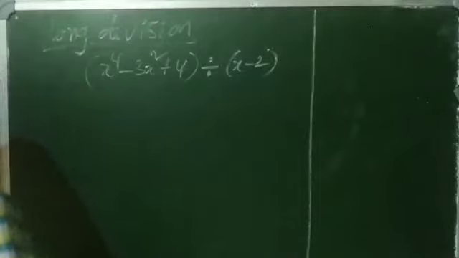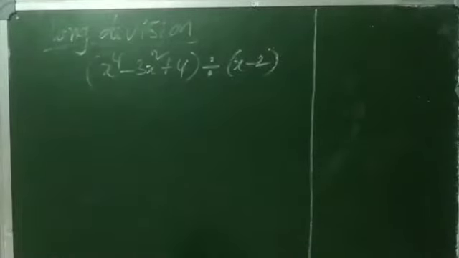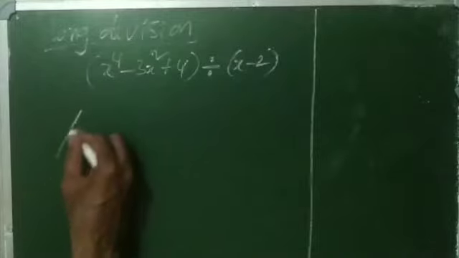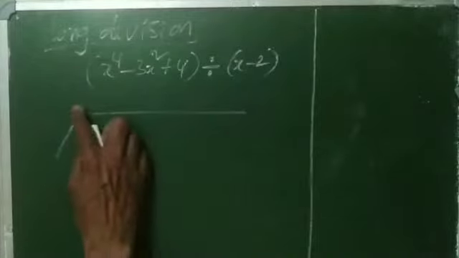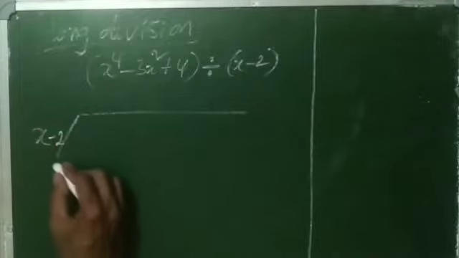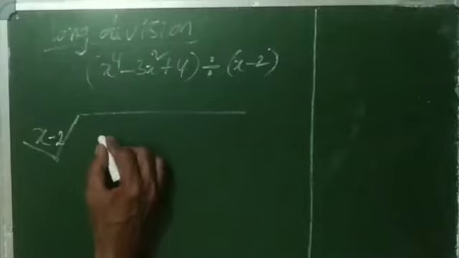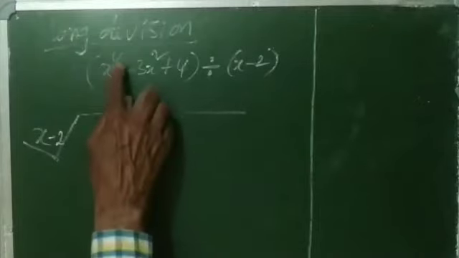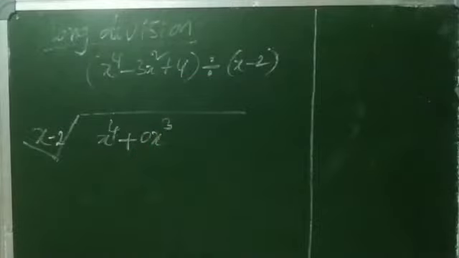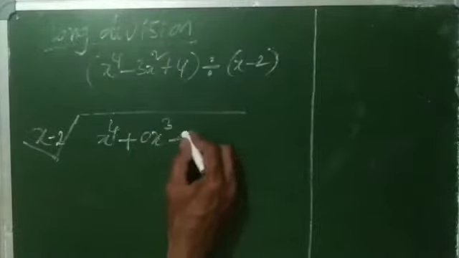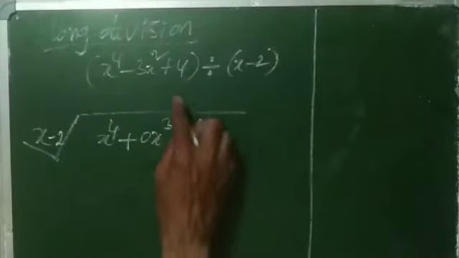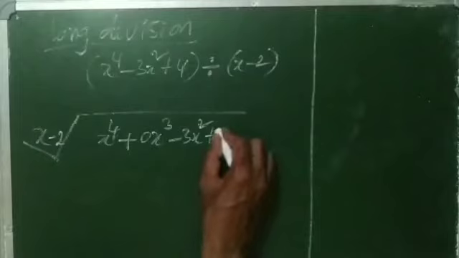Now we see long division. What is the dividend? x power 4 minus 3x square plus 4 is divided by x minus 2. Here the dividend is in descending order, but some terms are missing. After the x power 4 term the x cube term is missed, so I have written 0x cube.